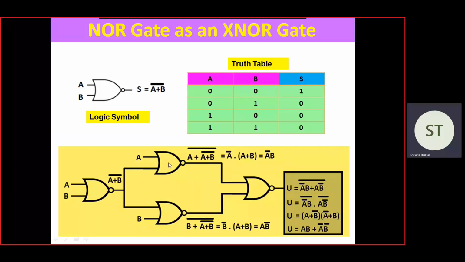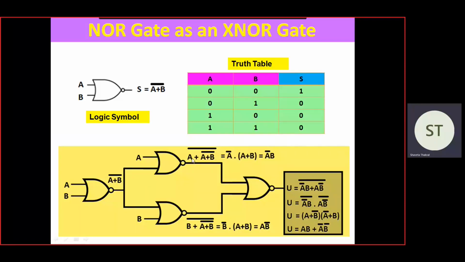So what is the output of this NOR gate? That is one input plus the other input to the whole complement. And what is the output of this NOR gate? One input plus the other input to the whole complement. So here we get the form: complement of sum is equal to product of individual complements.